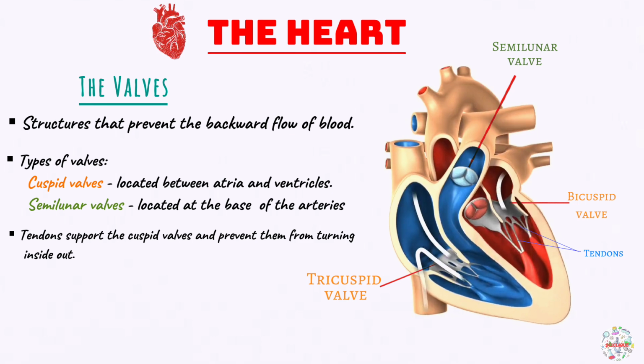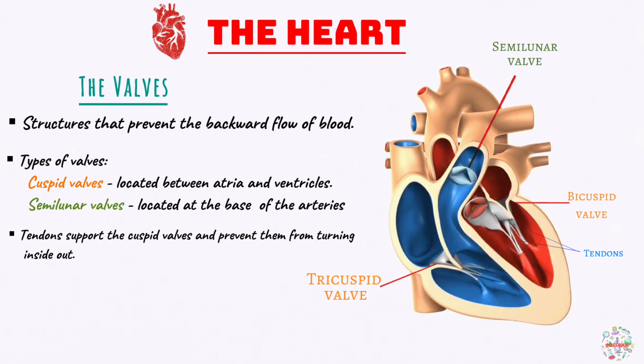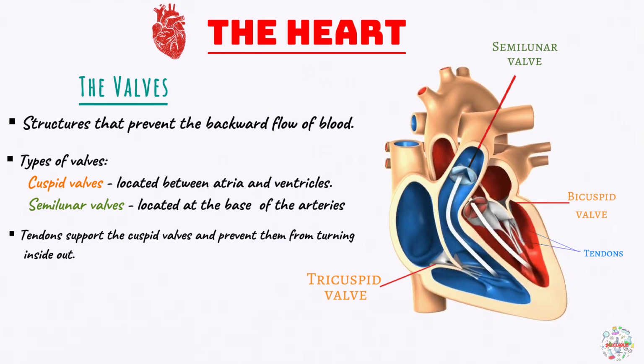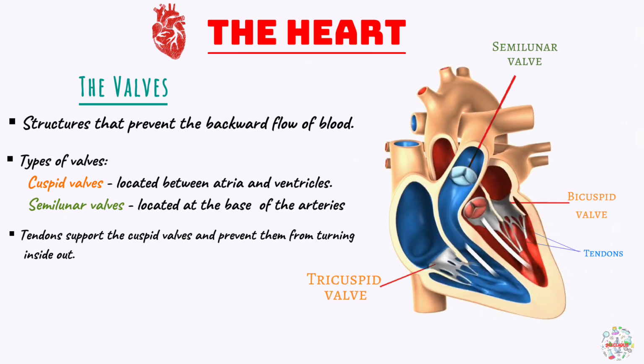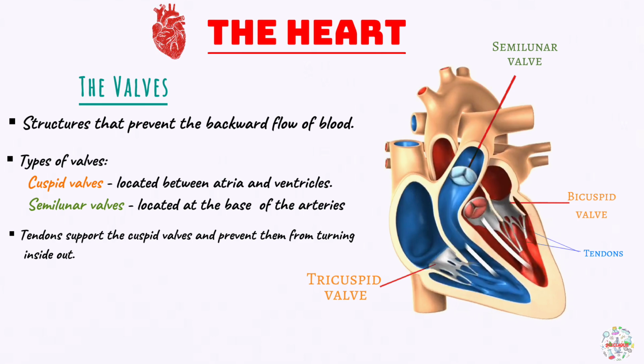So just recapping, the auricles receive blood and pass it on to the ventricles. The ventricles have to then pass the blood to the arteries. Now when they do so, they contract to generate the pressure that will force the blood from the ventricles to the arteries. In order to prevent the blood from flowing back into the ventricles, you have the semilunar valves closing up.